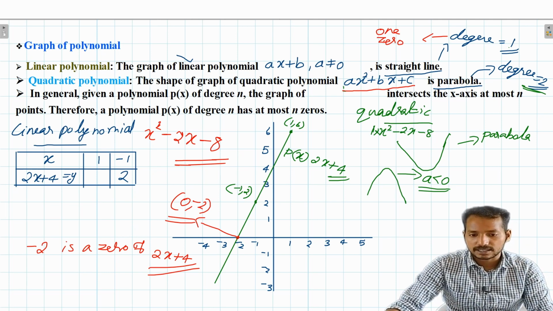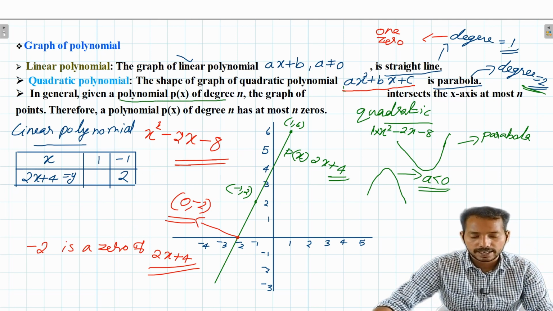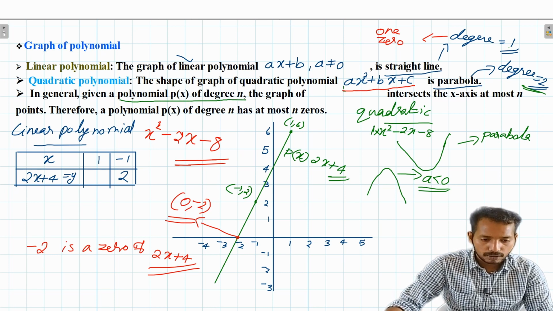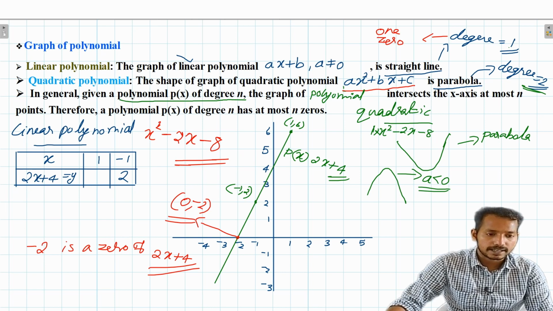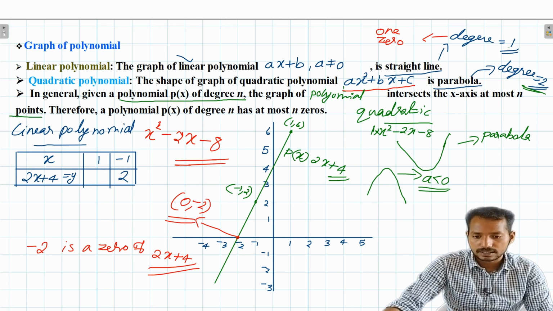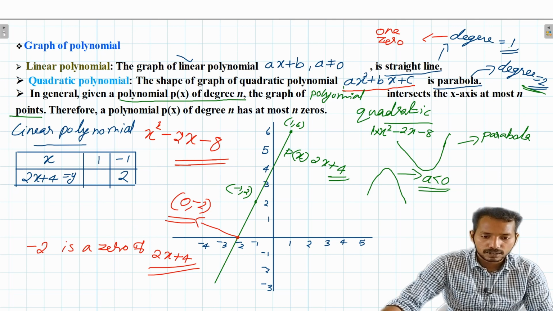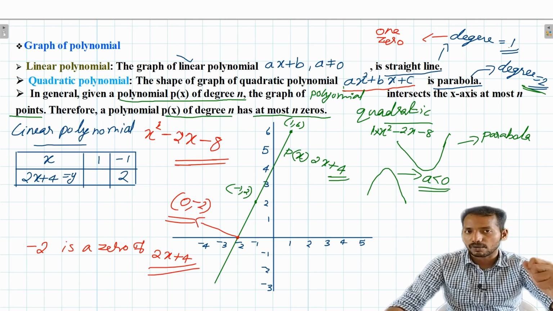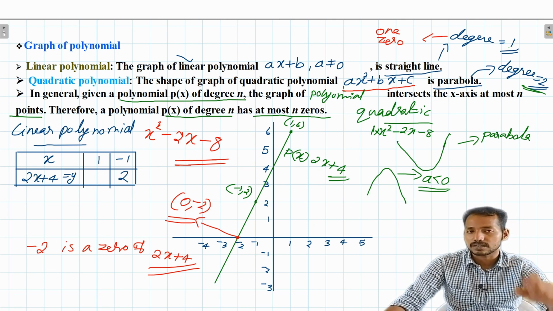So generally we can say that given a polynomial p of x of degree n, the graph of the polynomial intersects the x-axis at most n points. Therefore, we can conclude that a polynomial p of x of degree n has at most n zeros, because the x-coordinates of those intersecting points are zeros.